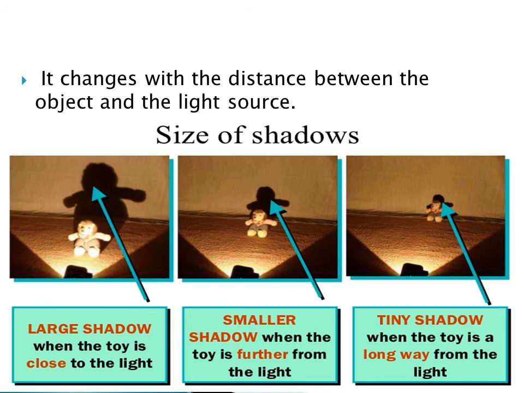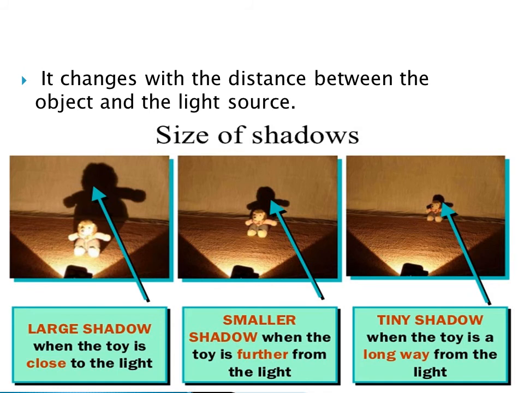The shadow will be very large, right? And when I put, in the second picture, the toy further away from the light, near to the wall, the shadow will be very small, right?